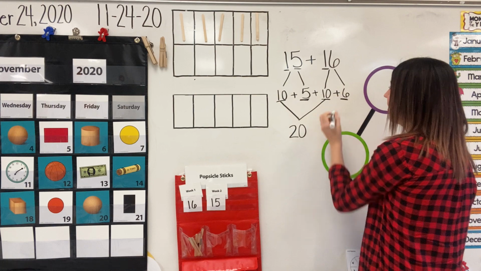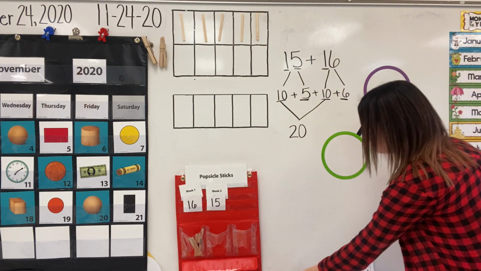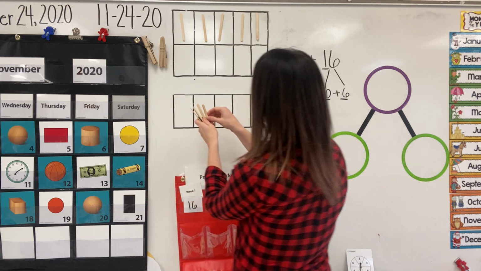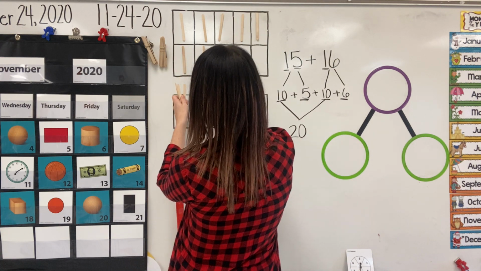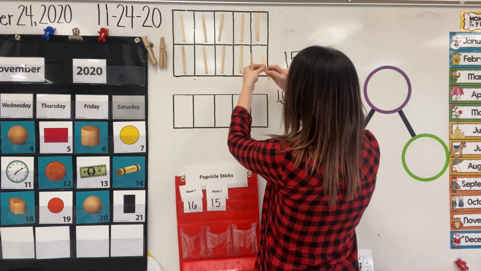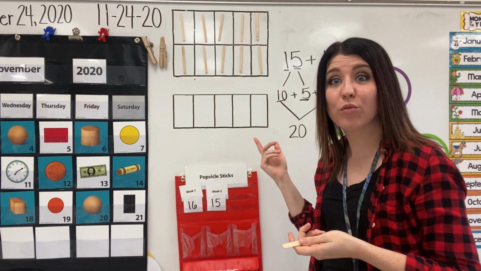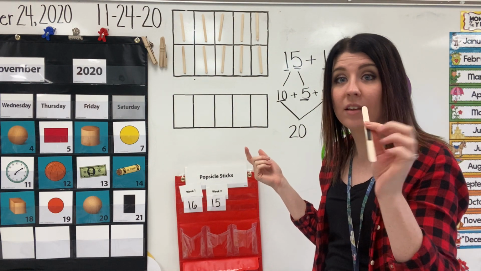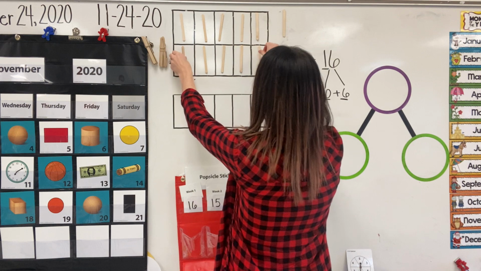Now we need to put this 5 and this 6 together. So let's move these up here. Putting the 5 and the 6 together. Oh no! I ran out of room. What happened when I put 5 and 6 together? It made a whole nother 10.